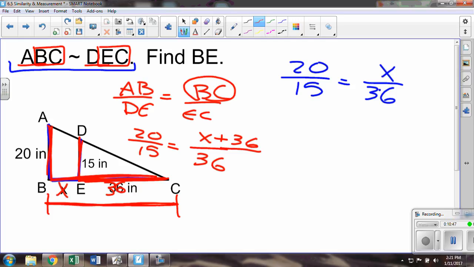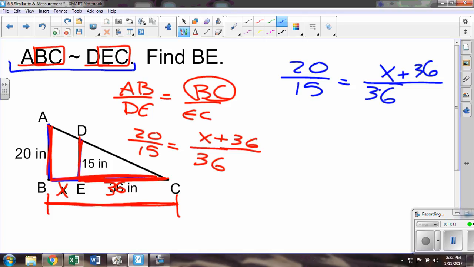And for a lot of students, when they look at this problem, they don't quickly recognize the fact that they're supposed to use X plus 36 because so many of our earlier problems didn't have that kind of addition. But with some of our homework that we had, we did have problems that looked like these. And we saw how we could solve them.